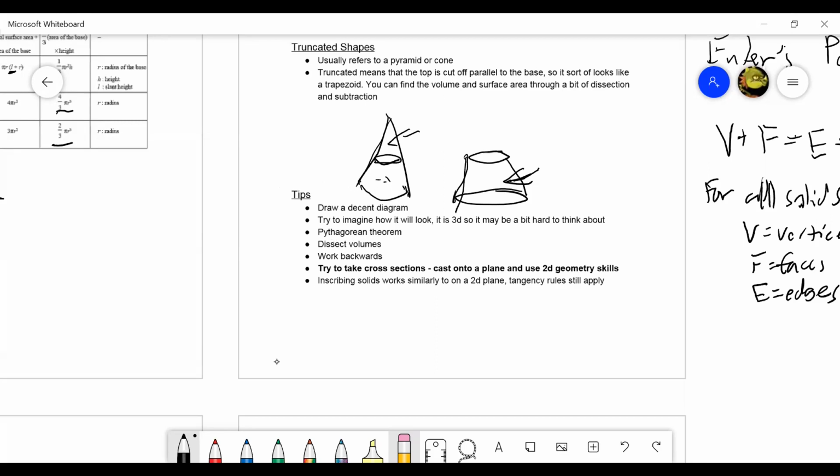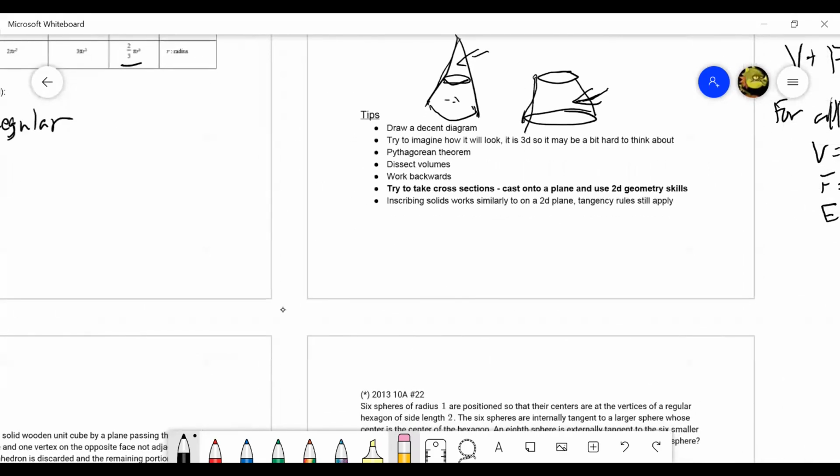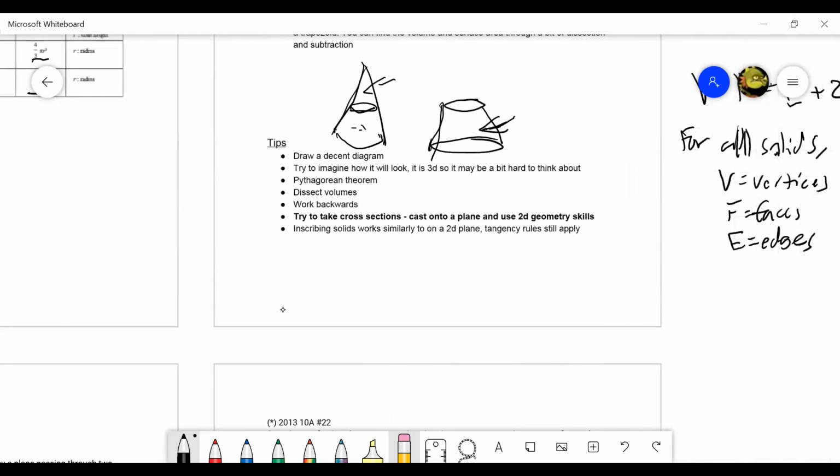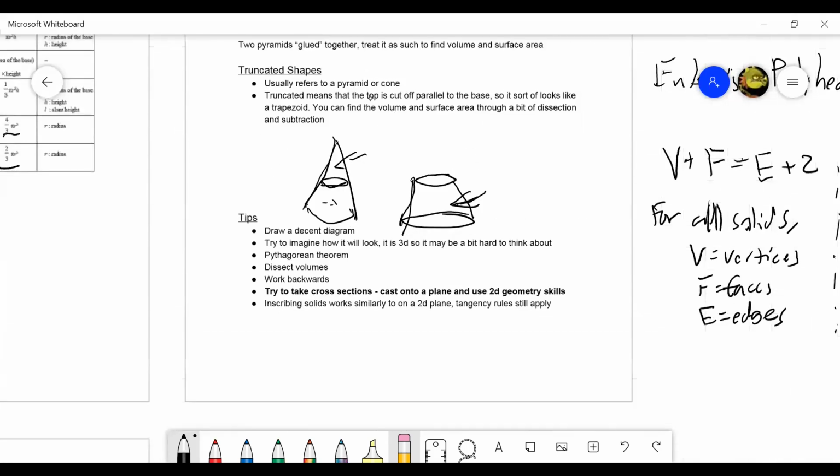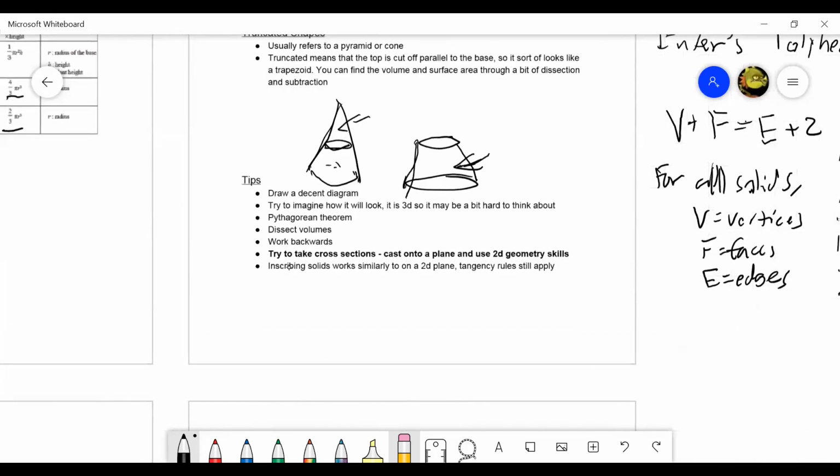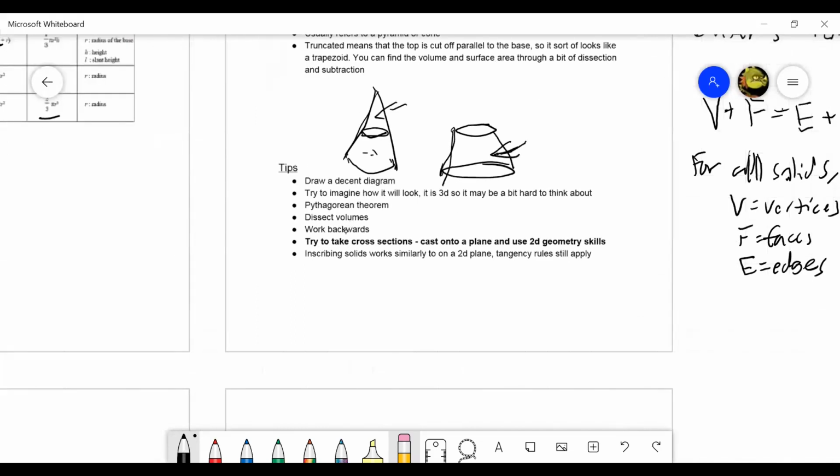And just like with normal 2D geometry, you can dissect volumes, so splitting up into parts that you know, like with a truncated cone or pyramid. And sometimes working backwards, this is more of a general tip.